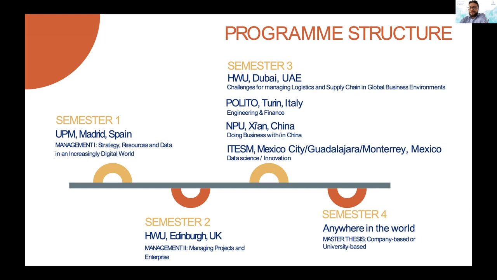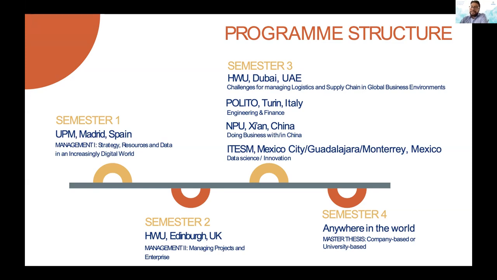So basically, for people who are interested in studying this, as Alejandro, who connected before and has just told us that he just applied, students start in Madrid, in UPM. They get the first foundational courses on management. Then they continue to Heriot-Watt University in Edinburgh, where our other guests here, Pablo, Sarah, and Roman, are currently studying, to continue with further courses on management.